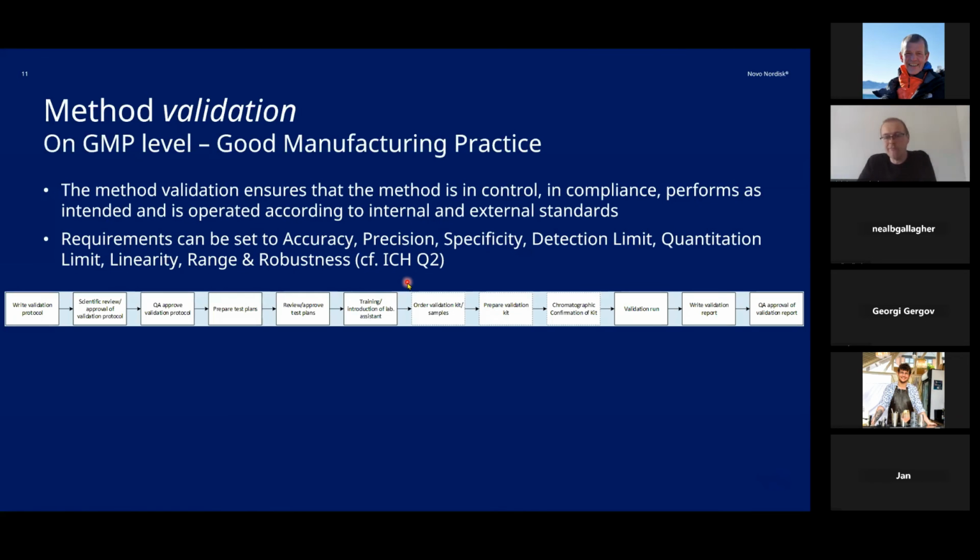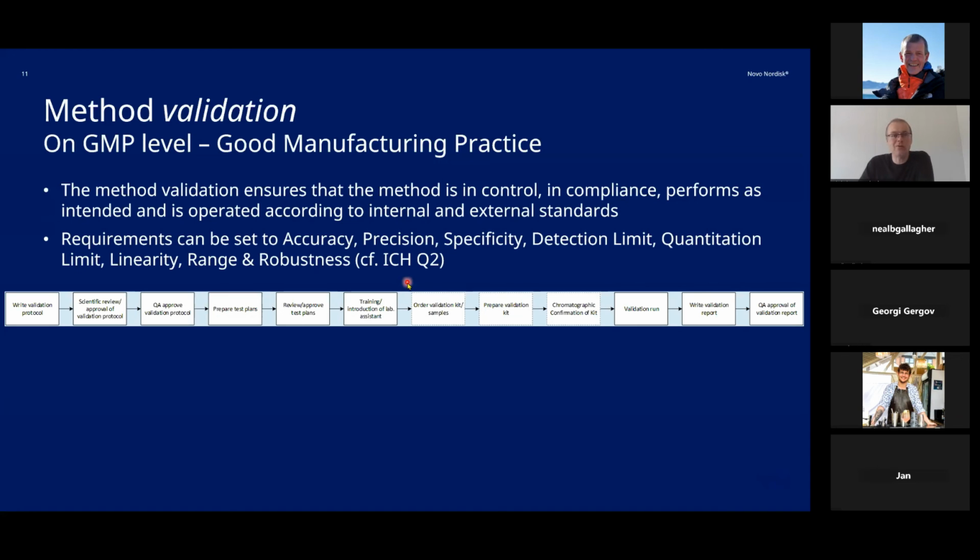So there are lots of opportunities that a validation can fail, and then you have to go back and make your method more robust, or the SOP more precise, or whatever caused an unexpected result or the failed validation. You simply didn't mitigate all the risks in your method.